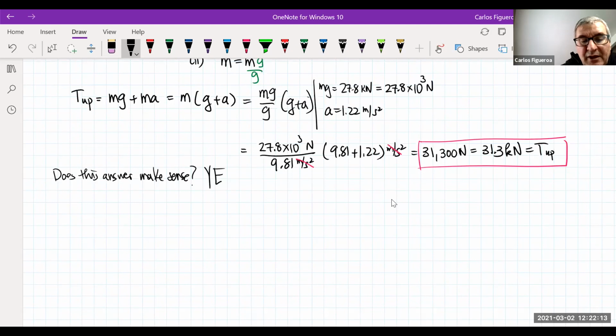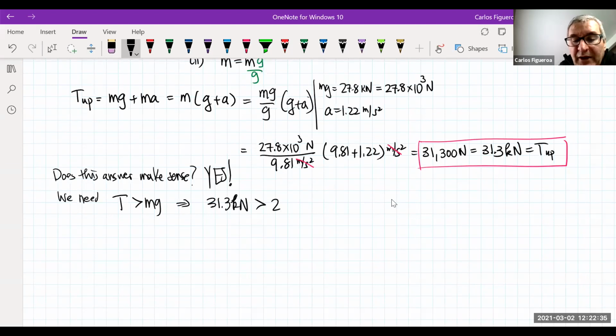The answer is yes, because we needed the tension force to be greater than the force of gravity. And we can see here that 31.3 kilonewtons is greater than the weight of 27.8 kilonewtons. So yes, the tension had to be greater than the weight, and that's what's making this thing accelerate.